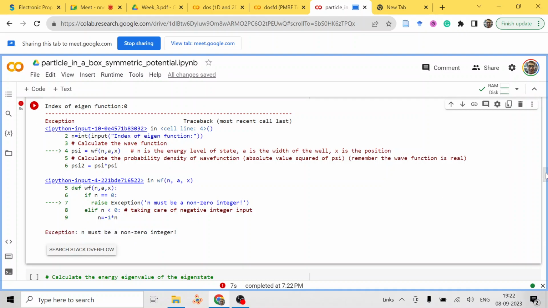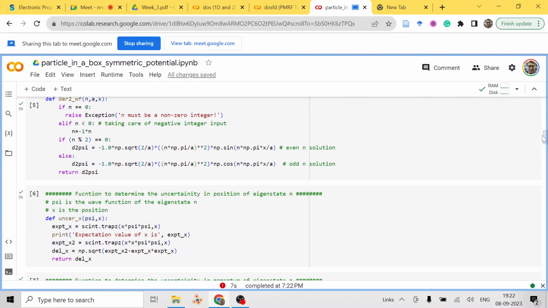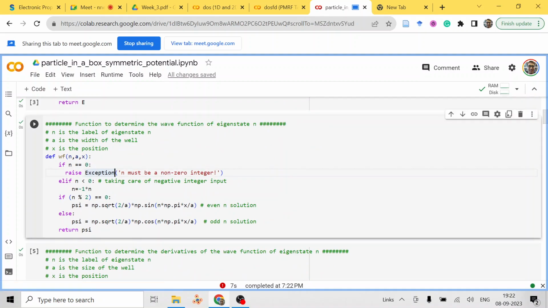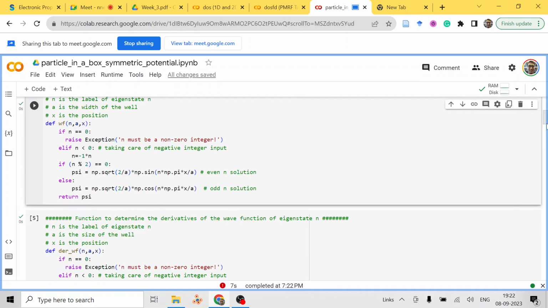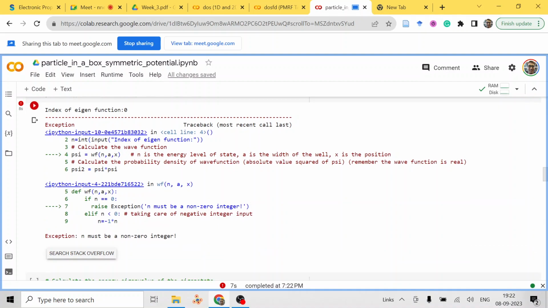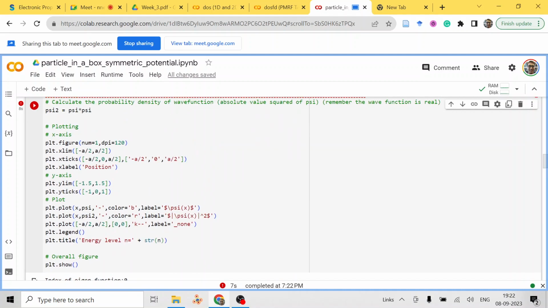Using that raise command we can define whatever exception we want to raise. And this is showing the user that n must be a non-zero integer. You can't put a zero value here. Alright.